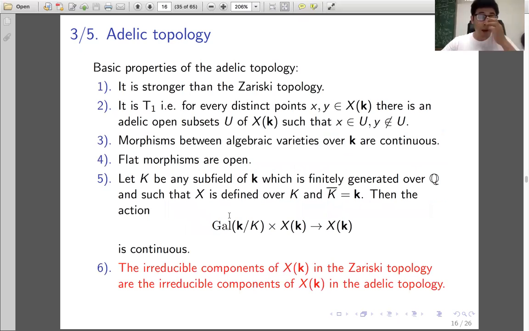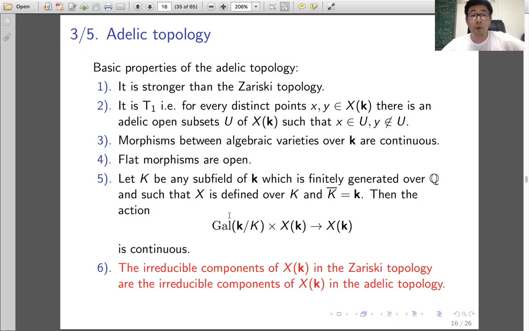Here we list some basic properties of the adelic topology. First, it is stronger than the Zariski topology, and it is T1, meaning that for every distinct points x, y in X(K), there is an adelic open subset U of X(K) which contains x but not y.